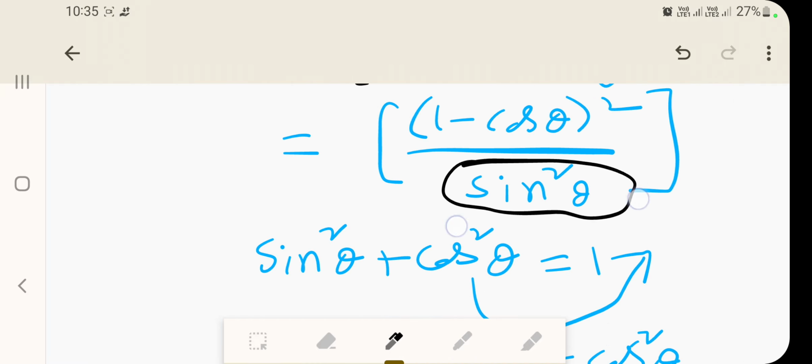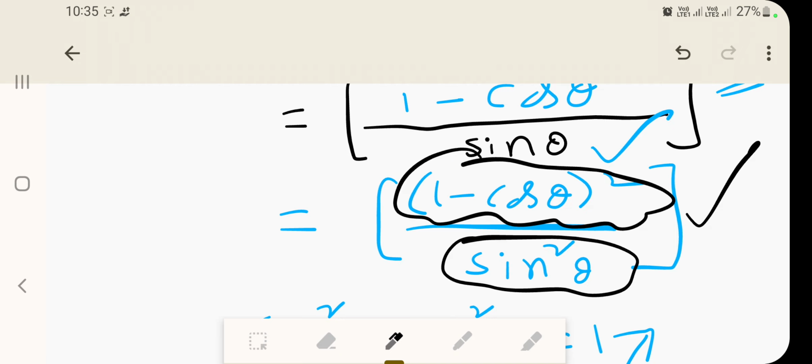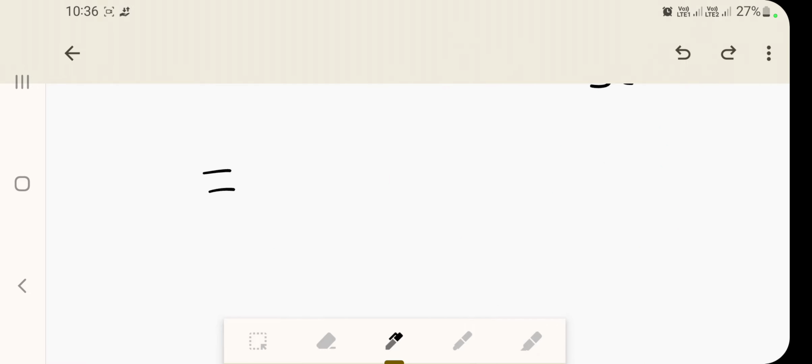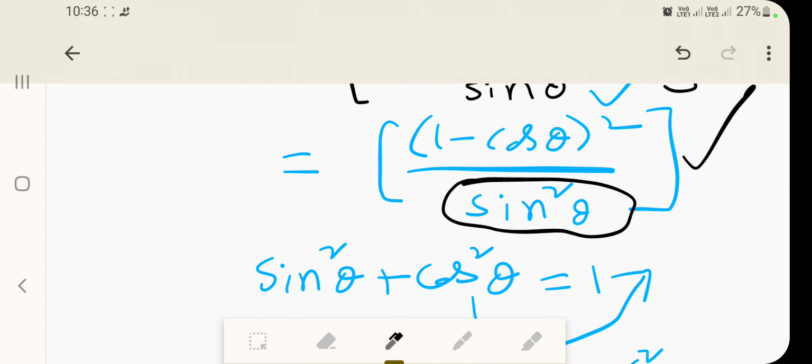So in the numerator of the given problem we have (1 minus cos theta) whole square, which we write as usual. In the denominator we have sin square theta.